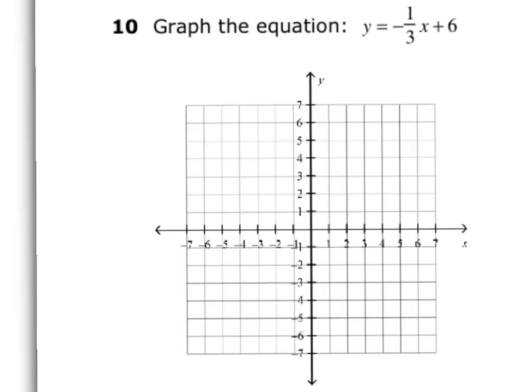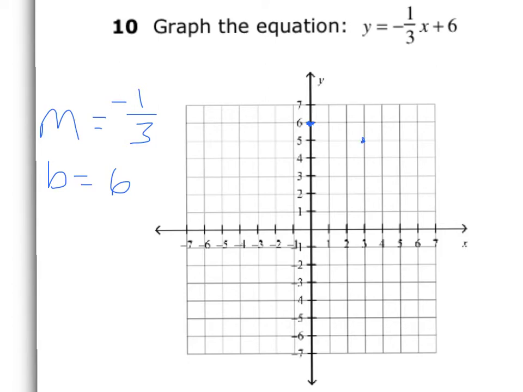Okay, graph the equation y equals -1/3 x plus 6. We identify the m and the b. The m is -1/3. The b is 6. So that means we start our graph when y equals 6, or the y-intercept equals 6. And from that point, we will go down 1 and over 3.